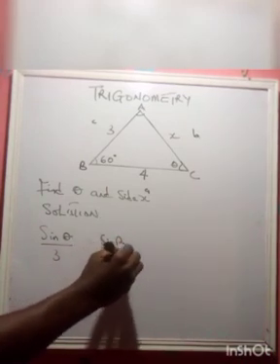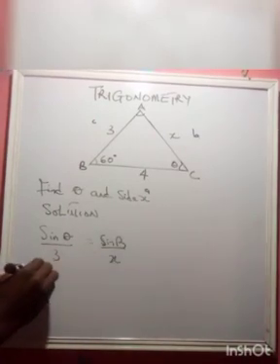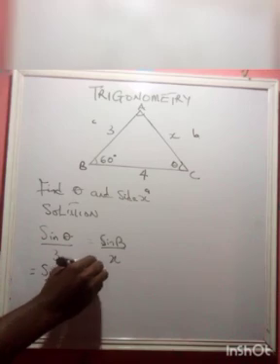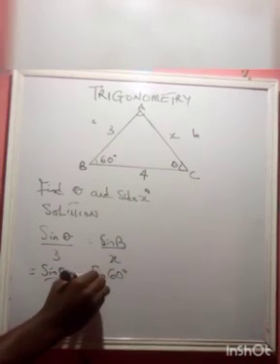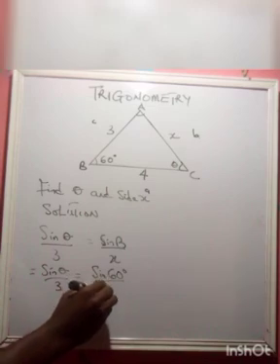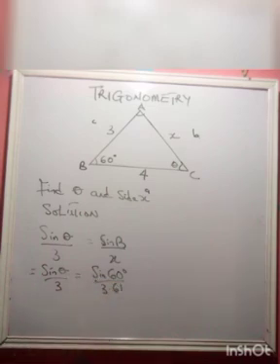We just substitute the values. We have sine theta over 3 is equal to sine 60 degrees divided by 3.61. What do we do next?